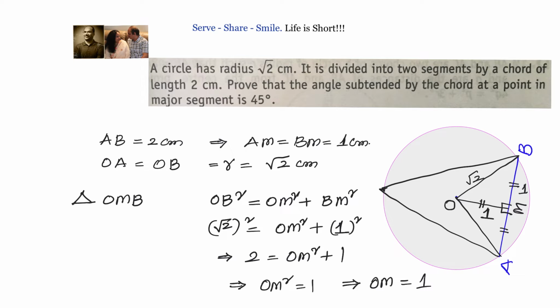Now based on this discussion, we understand that triangle OMB is an isosceles right angle triangle.